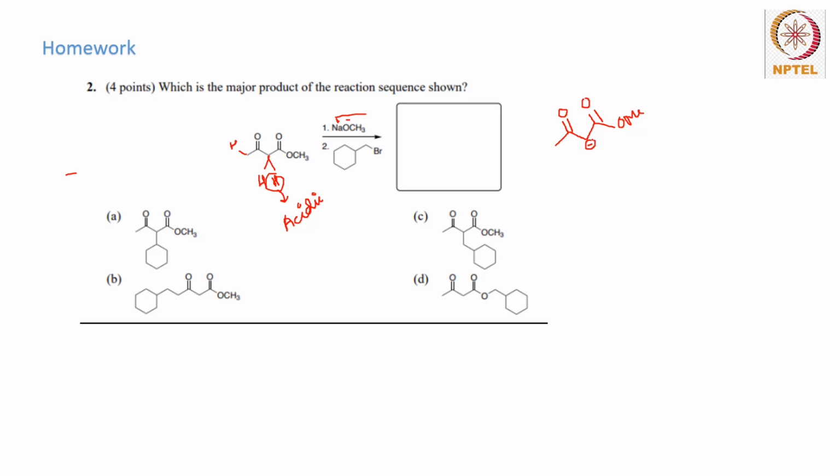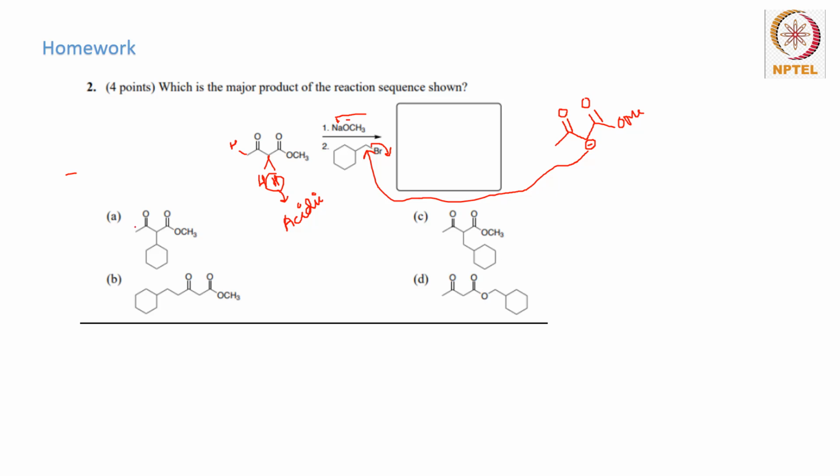What will happen? Now this will attack this electrophilic center, and eliminate bromine, or substitute bromine from this system, generating the desired product.